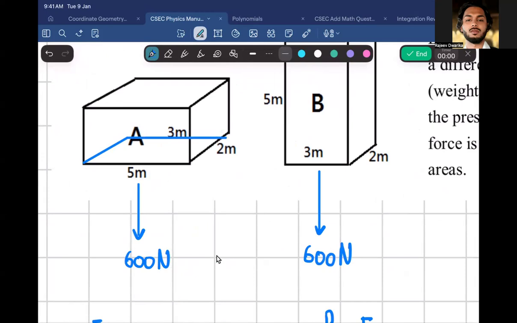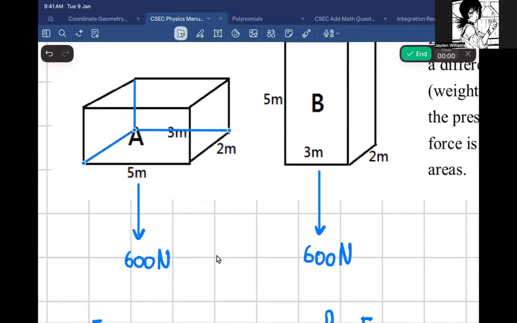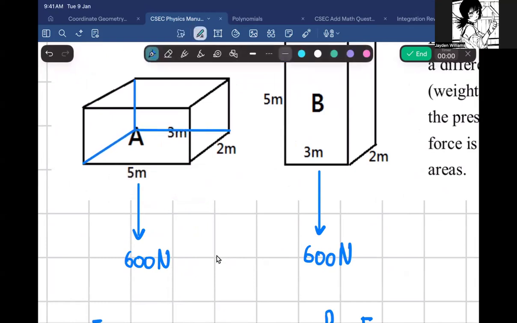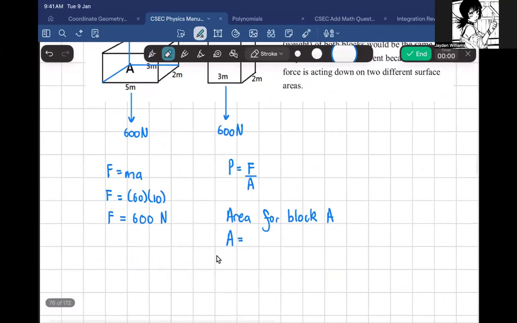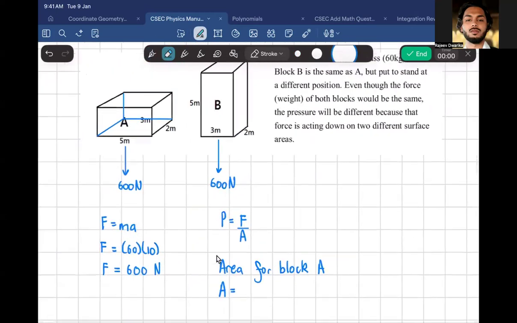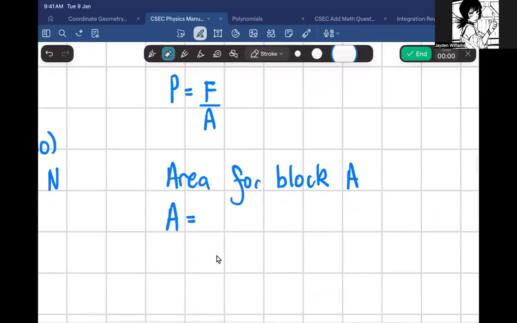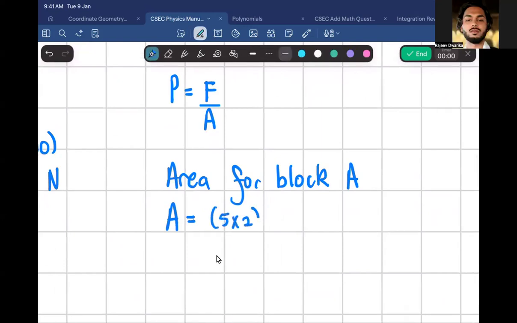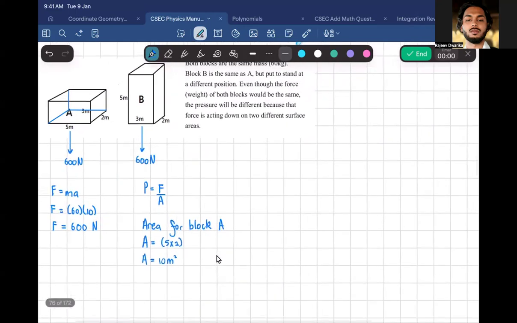When I say area, I'm talking about the face that lies flat on the ground or on whatever it is. It'll be 5 by 2. 5 by 2, right? Perfect. That'll be 10 meters squared. Okay, so that's the area for block A.